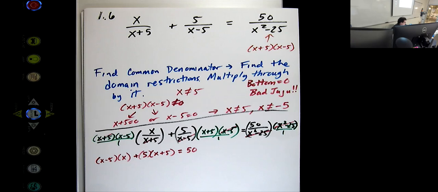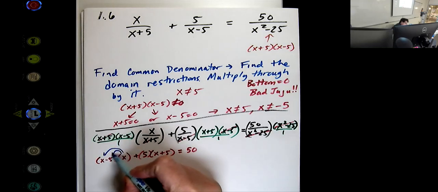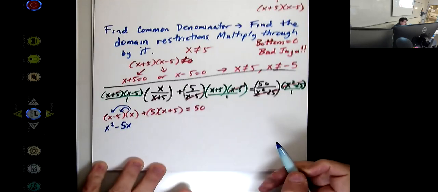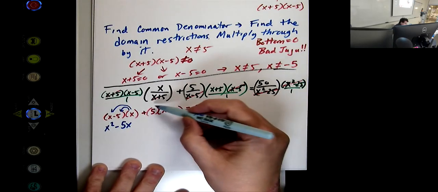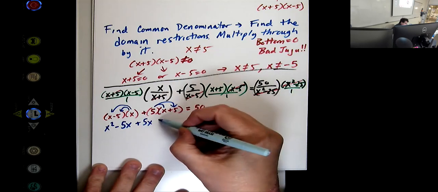We've still got to solve this. We've just made it easier. We don't have messy fractions anymore. So let's get rid of the parentheses. Let's just multiply everything out and see what we got. I'll do the x times each of these, and I get x squared minus 5x. And I'll do the 5 times each of these, and I get plus 5x plus 25.